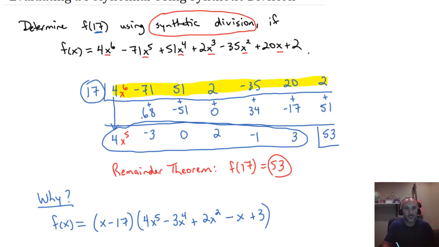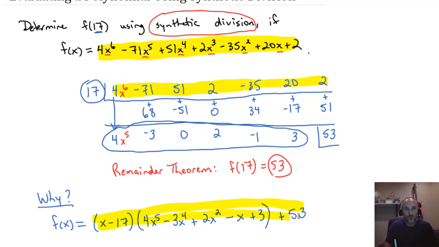So I multiply my divisor by my quotient, and then I add my remainder. Okay, so f of x can be written as this polynomial here, but that's also equal to this form here. They're the same exact thing. You could check it. You could simplify this bottom version and get the original.